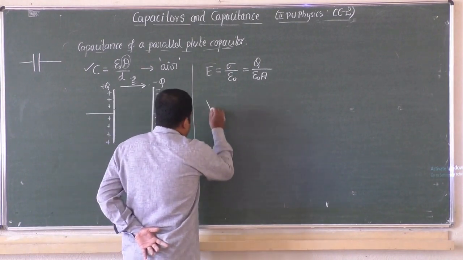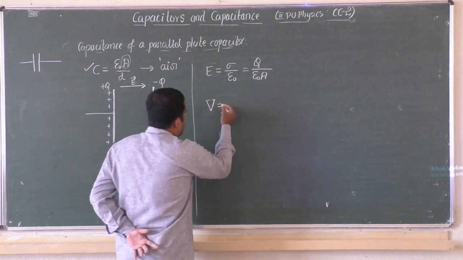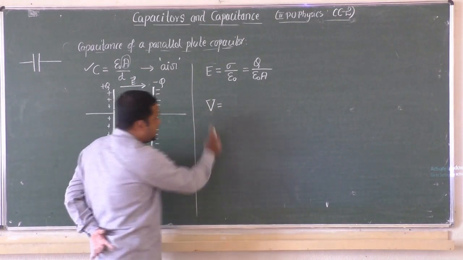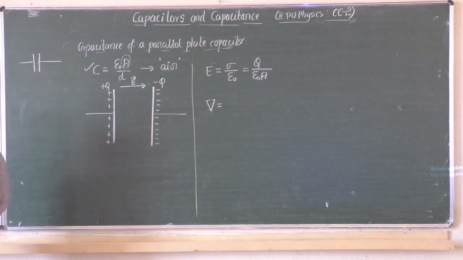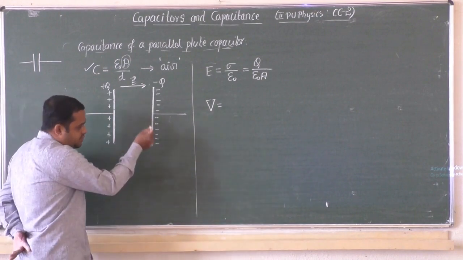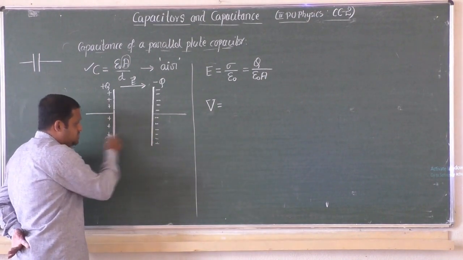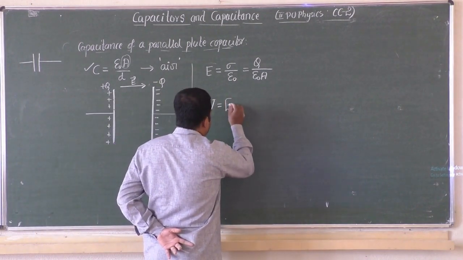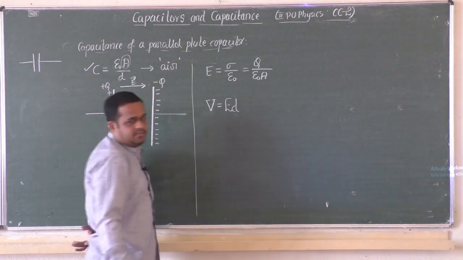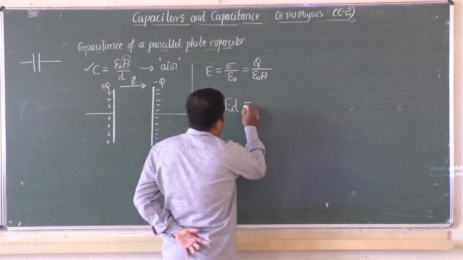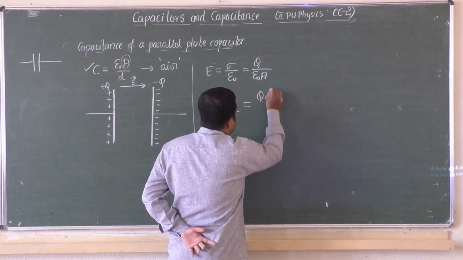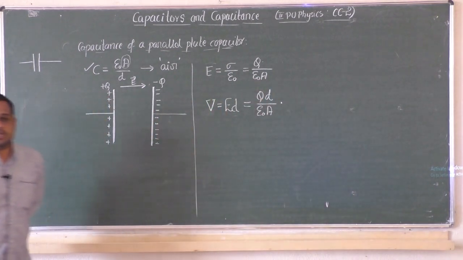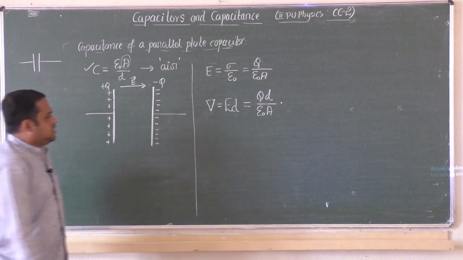Next, we calculated the potential difference between the plates of the capacitor, that is force into displacement. Potential difference is the amount of work done in shifting a unit positive charge from the negatively charged plate to the positively charged plate against the electric field, and the expression for that potential is E into d, which, if you substitute, becomes Q into d divided by epsilon naught into A. Next, capacitance.